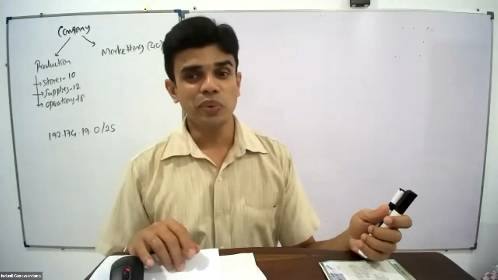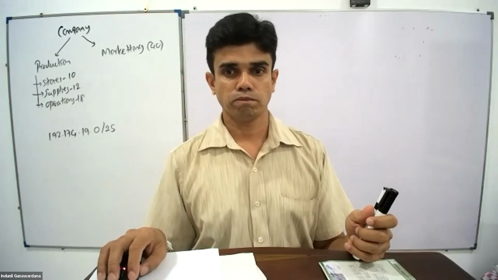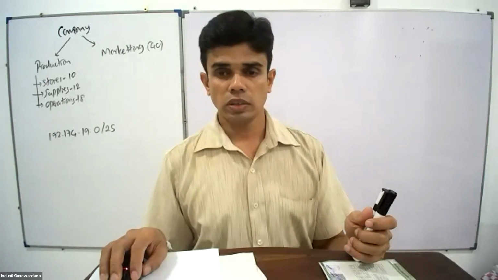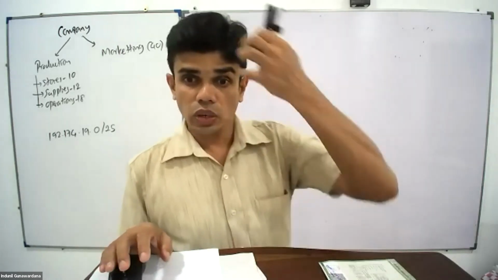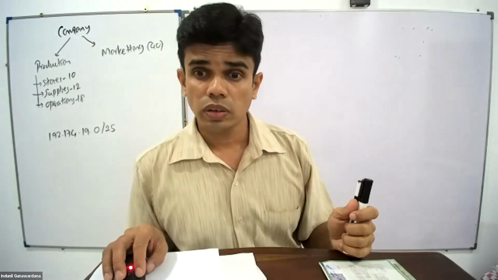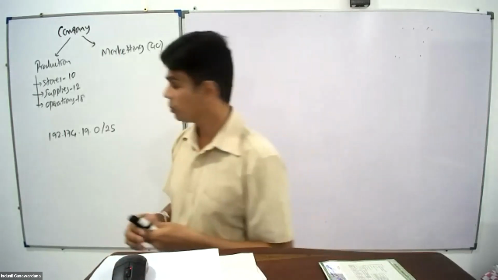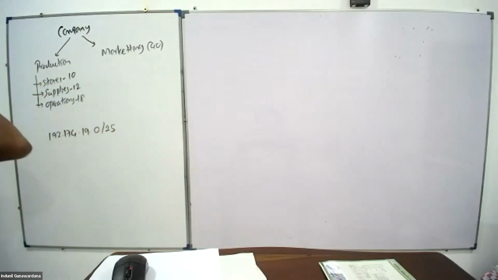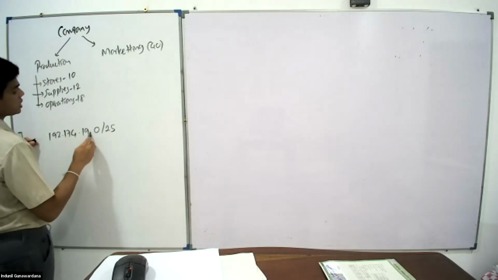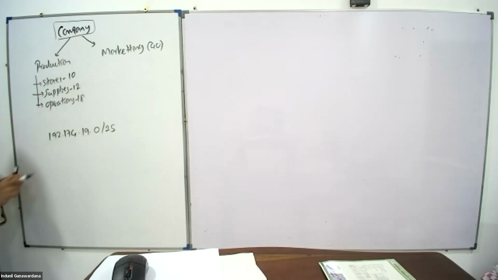Now, according to the marking scheme, we'll do this part. Here what it says is the IP address given is this, and we need to arrange our company network like this.